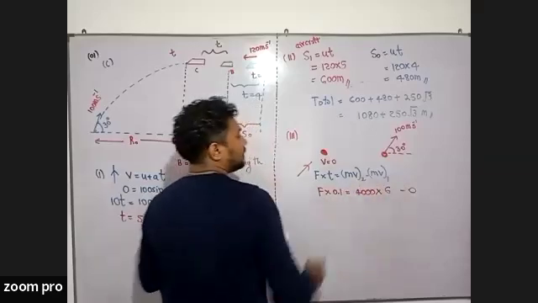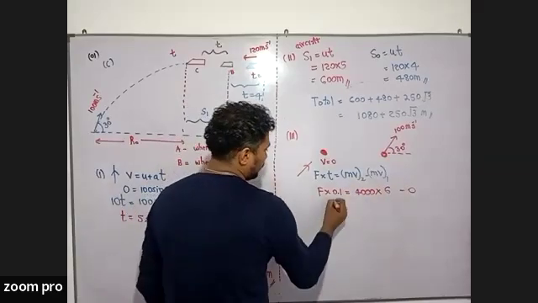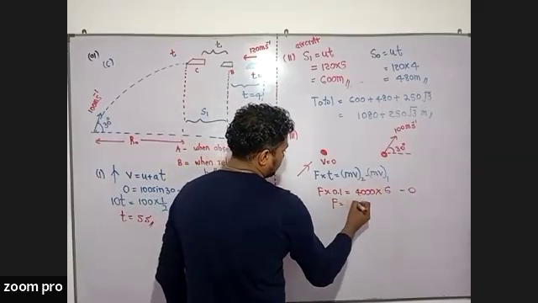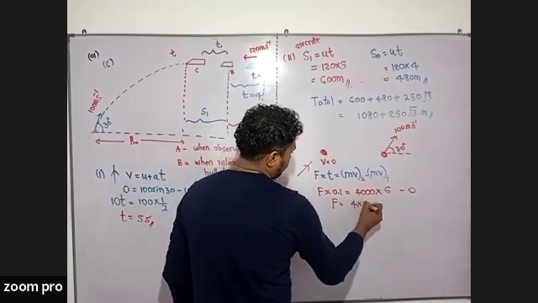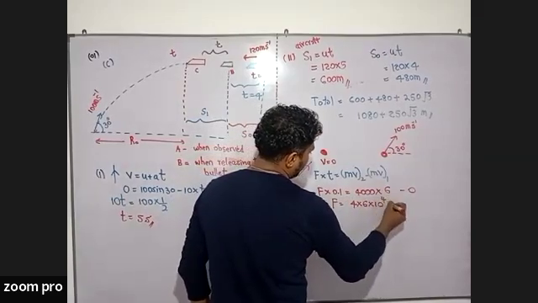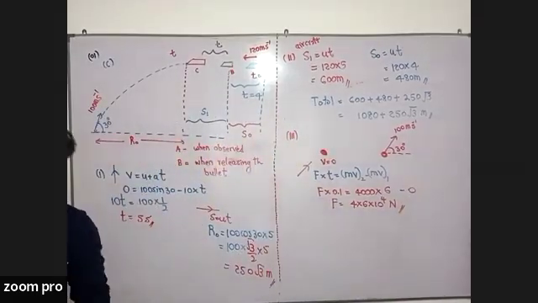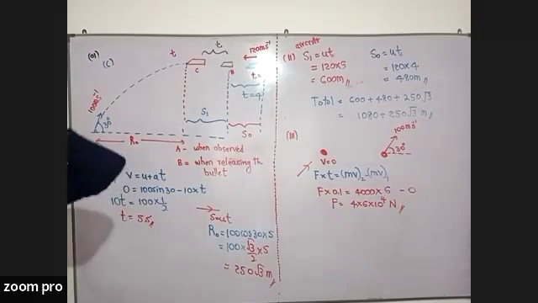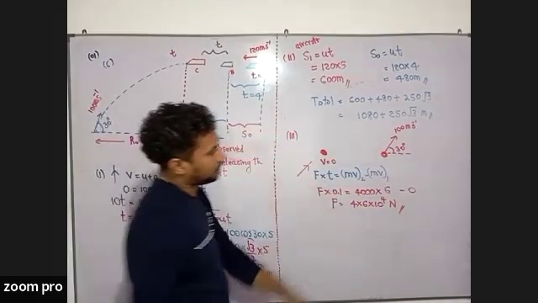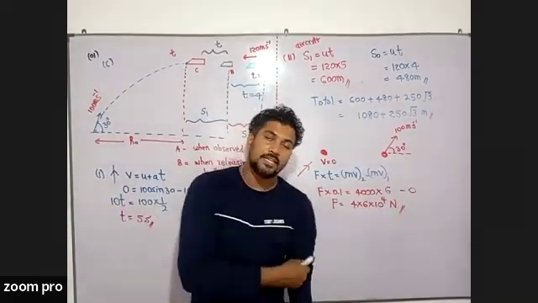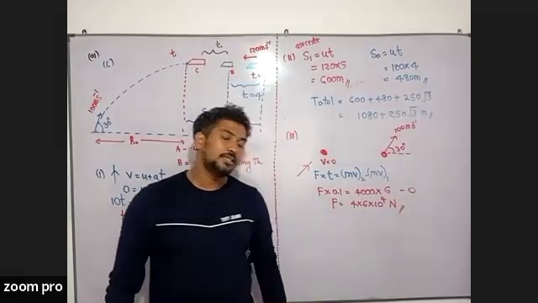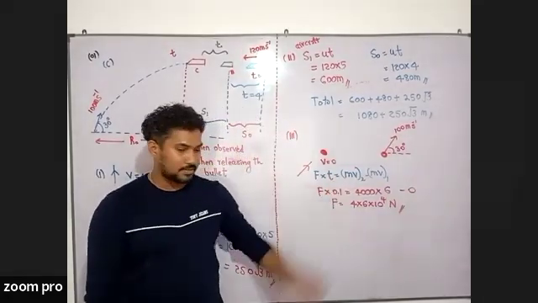Initially at rest, so that's why I use 0. Then F equals 4 into 6, 10 to the power 4. So guys, this is the force. I think you might have some difficulty with the simplification of this one, right? Normally, keep in mind that you have to consider these equations, right?